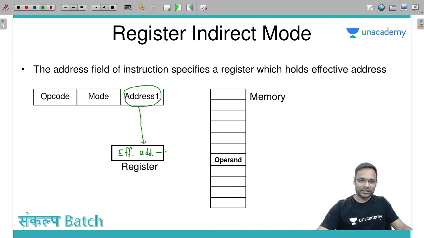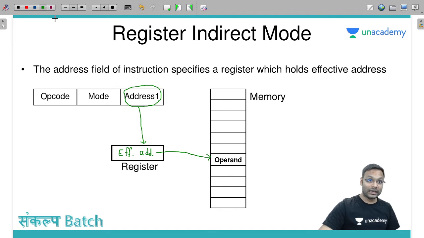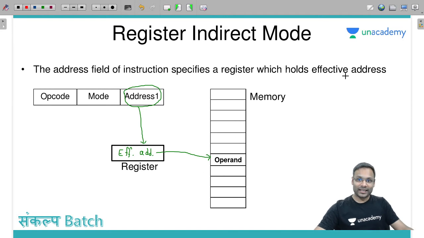Use this effective address, go to the memory, and you will get the operand. Now if that is the case, in this particular mode, to access the operand, do we require a memory reference? Yes. How many? 1. Do we require a register reference? Yes. How many? 1.